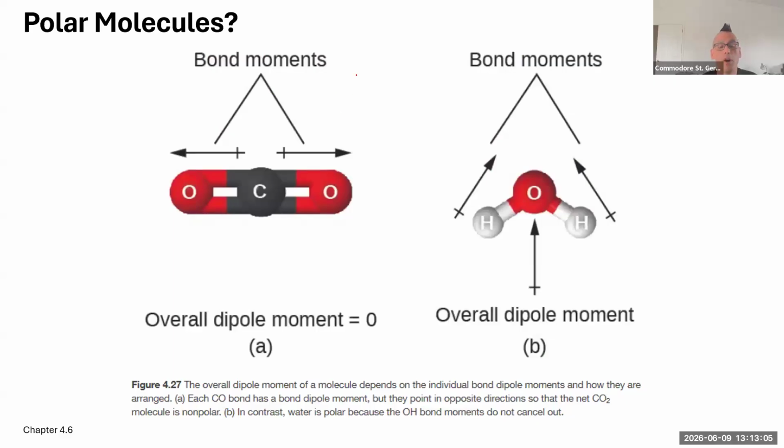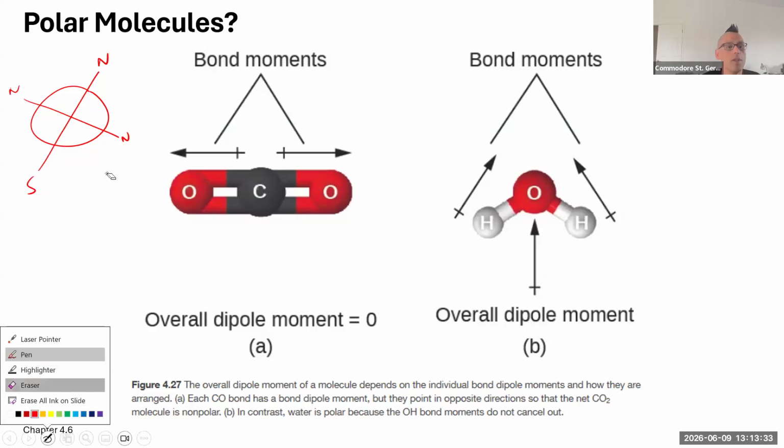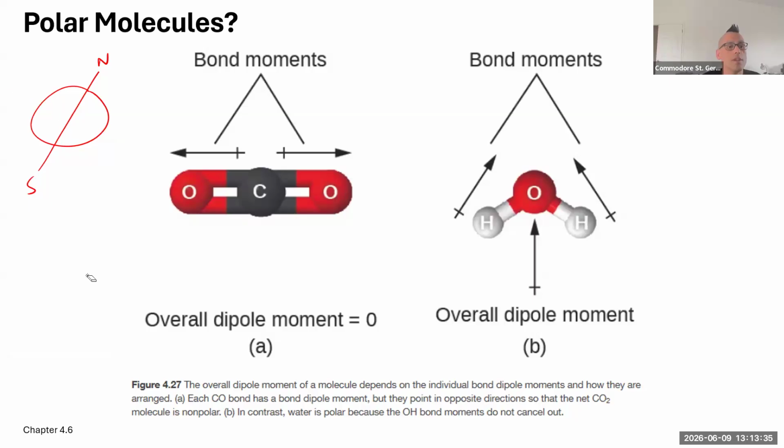Again, we have polar bonds, but are these entire molecules polar? I talked about this briefly in the last lecture, but the Earth is polar because it has a north side and a south side. There's no north over here; it's all one side is north, one side is south.